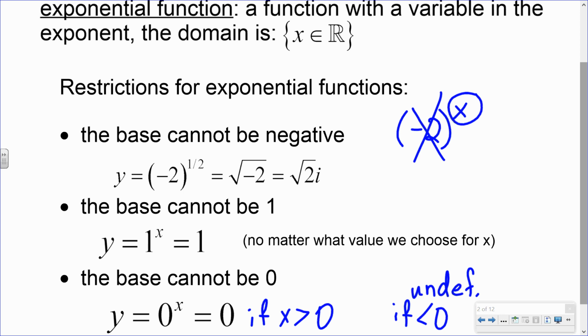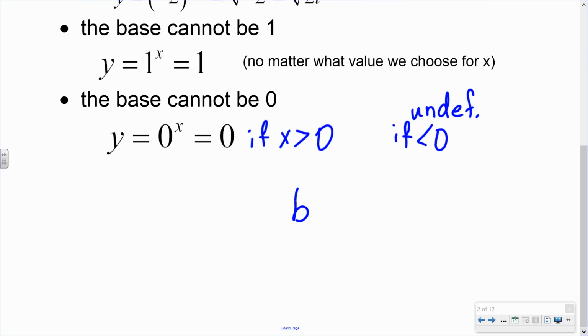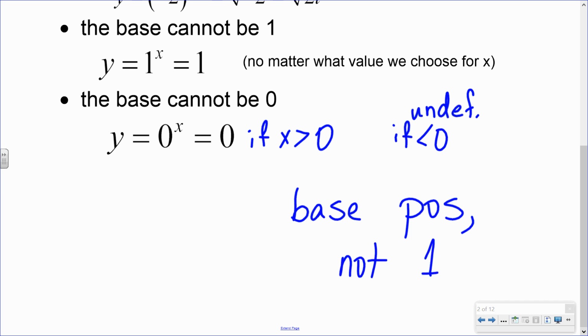So those don't work. So the base can't be negative. It can't be 0. So what that means is the base must be positive, but it cannot be 1.